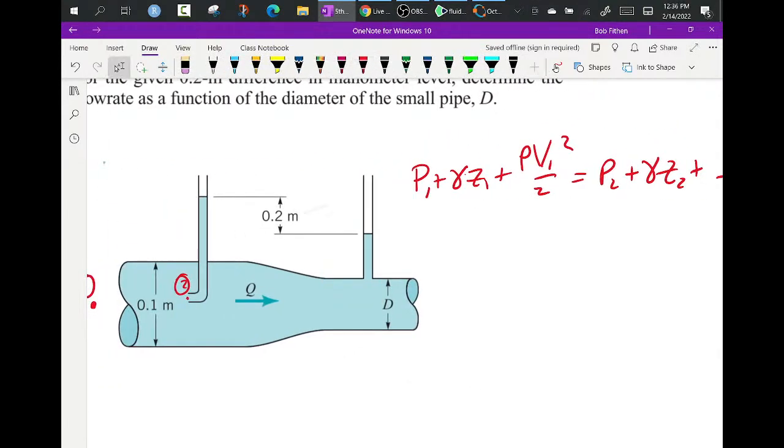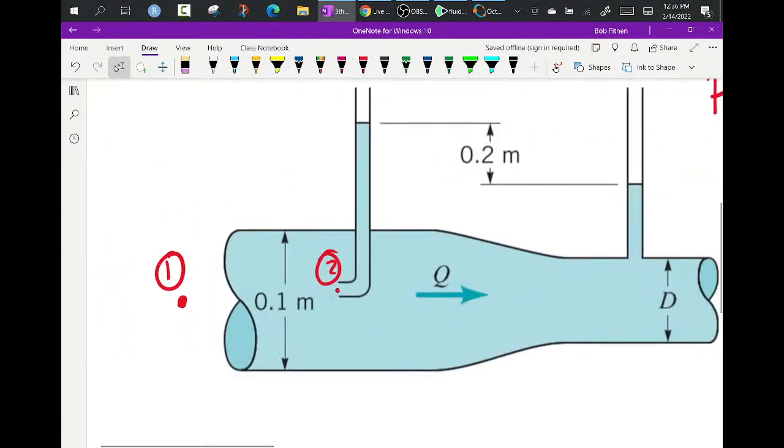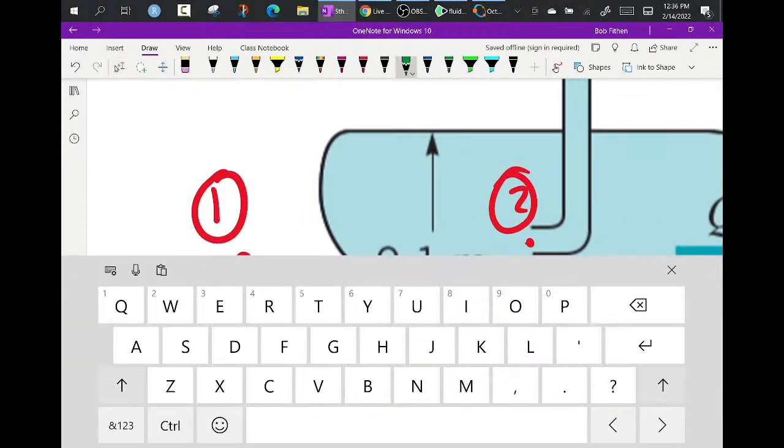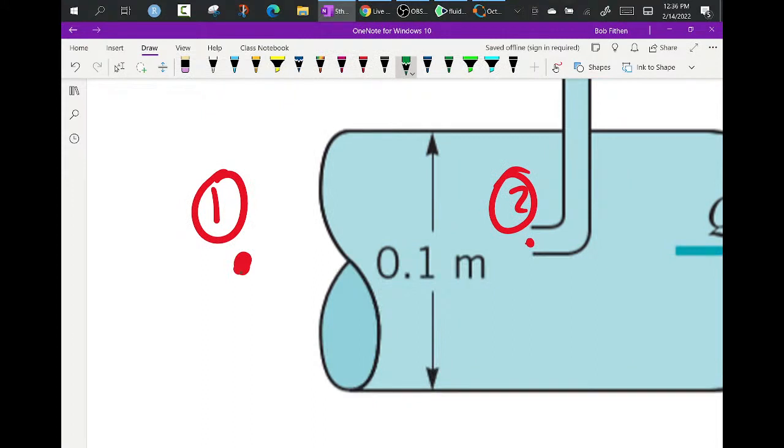Now, you zoom in here and pick a tiny spot just south of it. Call it 1 prime. The elevation difference between these two is 0.0000000001 meters, essentially no difference in elevation.